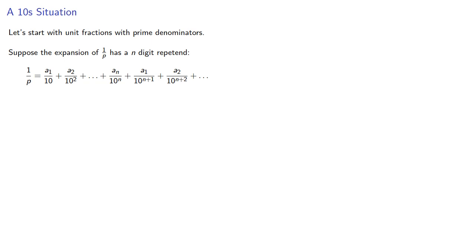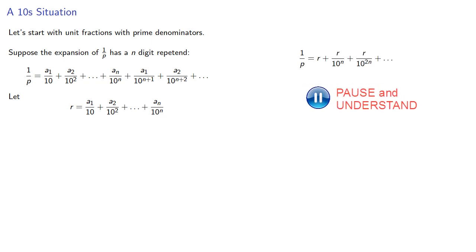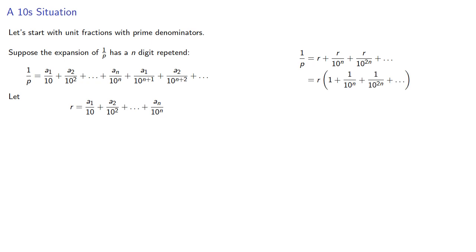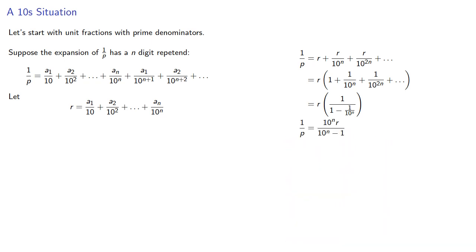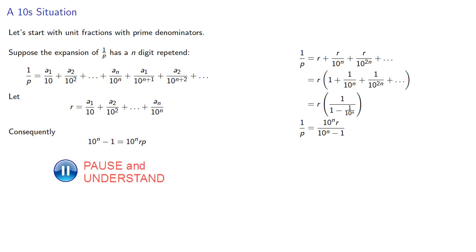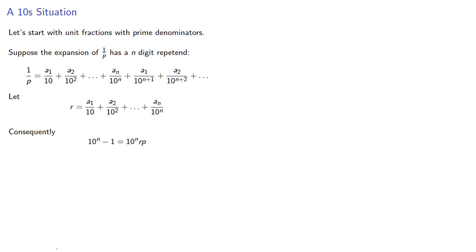So let r be this first terminating part, the repetend itself, and so we can rewrite our fraction as, and factoring out r, we have this geometric series which we can write in closed form, and do a little algebra, and do a little more algebra. And if we reduce mod p, we get, and so 10 to the n is congruent to 1 mod p.